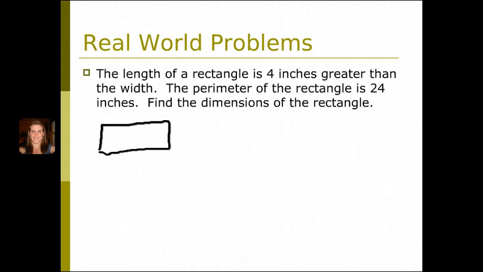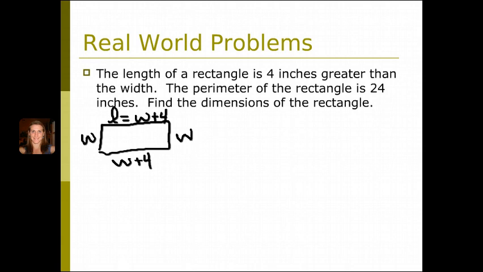Well, we don't know what our width is, correct? Didn't tell us in the problem. So we're just going to represent our width with W. But we do know that our length equals 4 inches more than the width. So it's W plus 4.